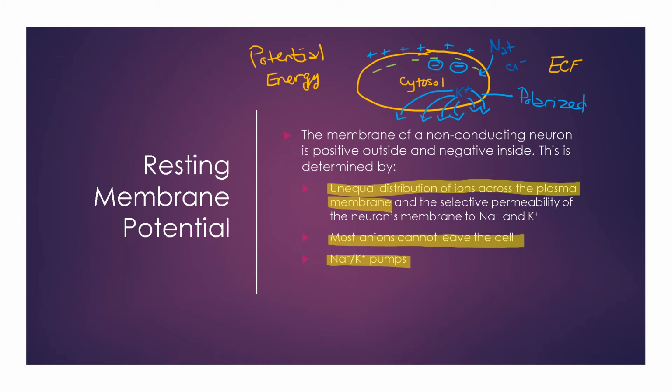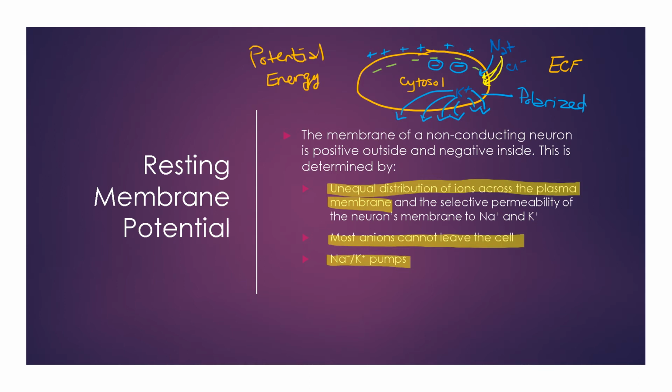If left unchecked, this really slow inward leakage of sodium into the cell would eventually destroy the resting membrane potential. Sodium slowly leaks in and builds up over time, and then we would no longer have this difference in potential across the membrane.